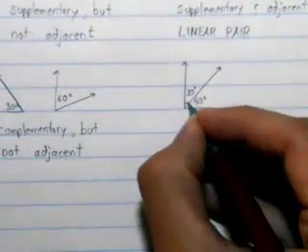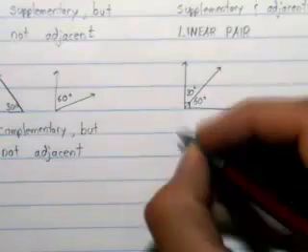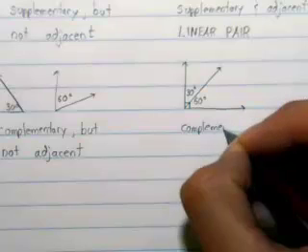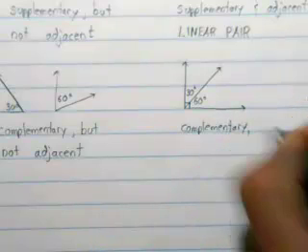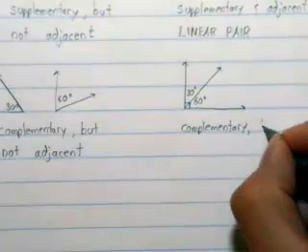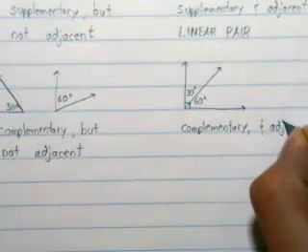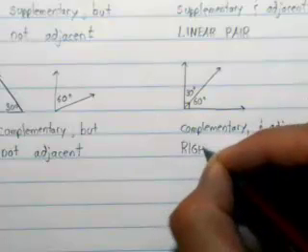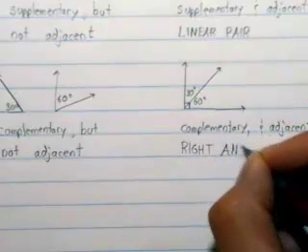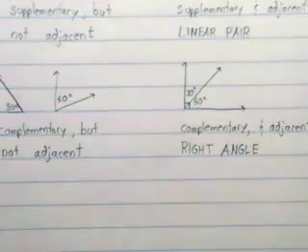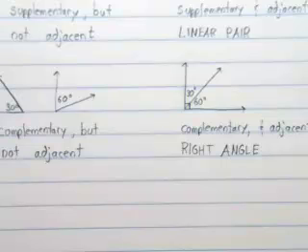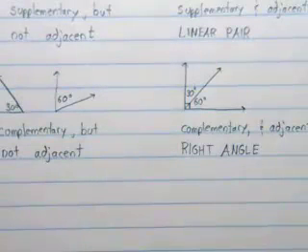That's going to form a right angle. So these are complementary and adjacent. So that makes a right angle.